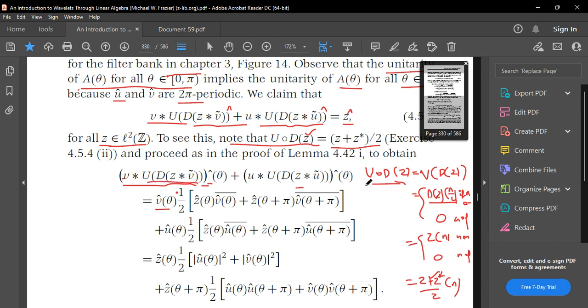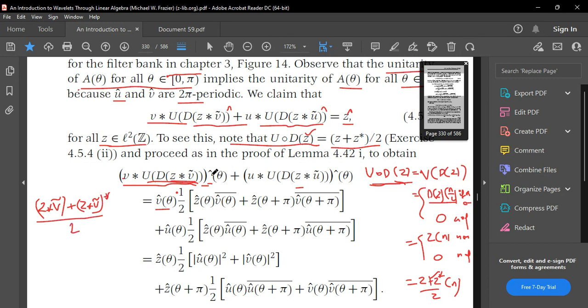What is this u of d of z? We know that u of d of z is equal to z plus z star by 2. So this u of d of z star v tilde, what we can write, this z star v tilde plus z star v tilde star all divided by 2.